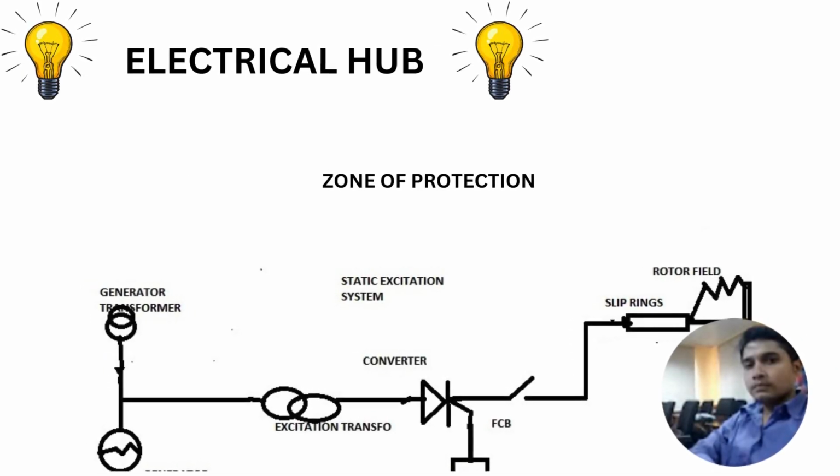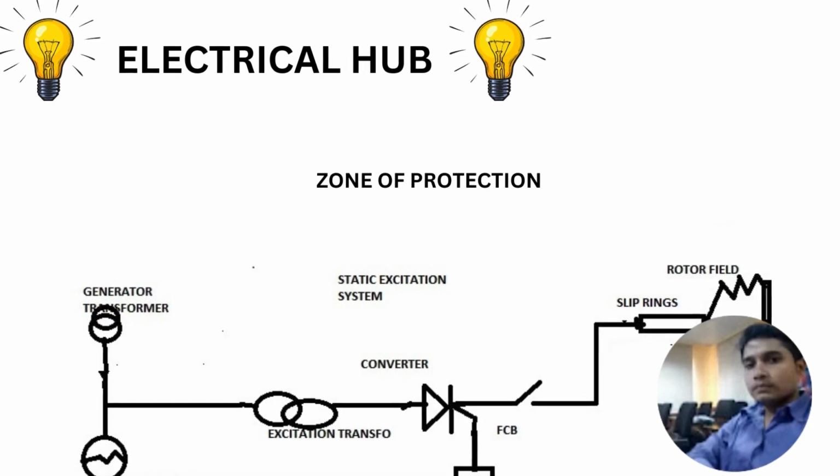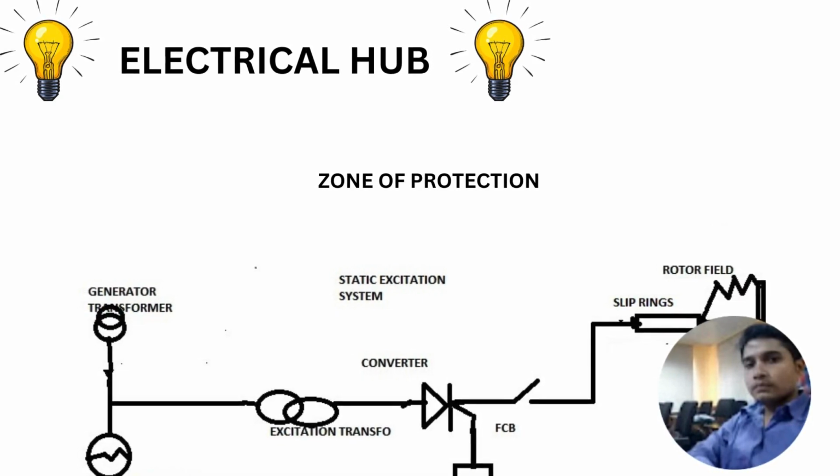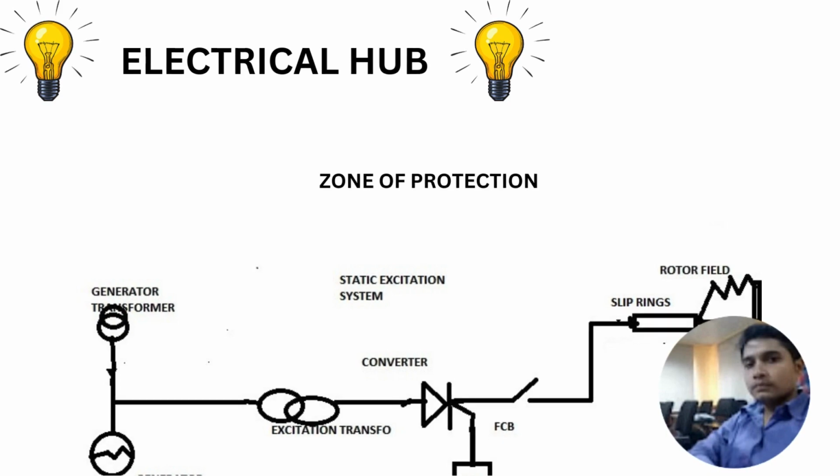Now you know that if there is any fault in the DC bus, the slip ring, the brushes or the rotor field winding, then the generator will trip on the earth fault protection. So what is the zone of protection? The zone of protection of the rotor earth fault is after the FCB: the DC bus, the slip rings, the brushes, and the rotor field. It will protect only this part of the equipment.